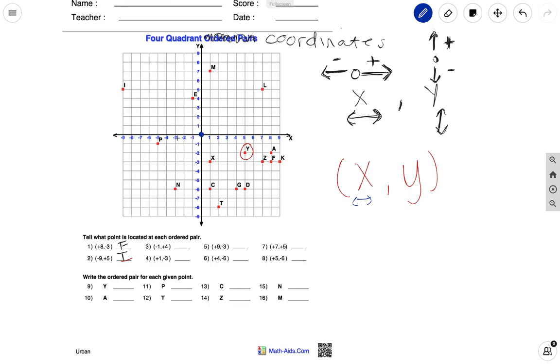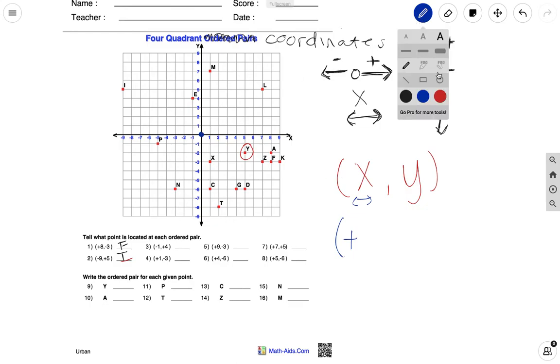Well, first of all, would I go this direction? No, I would not go in this direction because Y is all the way over here. So we know that we have to go right. And when we go this way, that means we're hitting a positive number. So we know that our first number has to be positive.